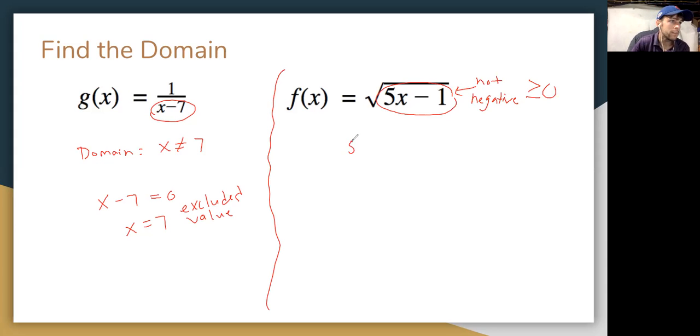So we can establish our domain by simply solving that. What's inside my square root has got to be greater than or equal to 0. Pretty simple inequality to solve. We add 1 to both sides, divide by 5, and we're done. So this would be our domain.